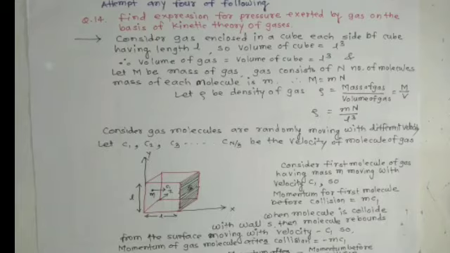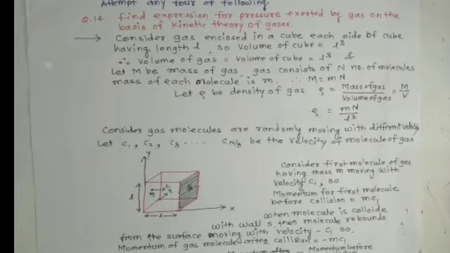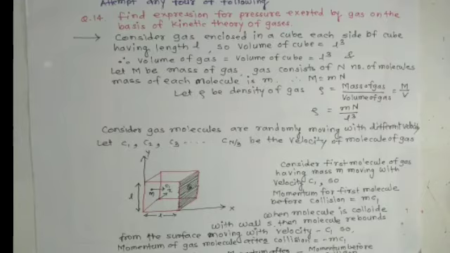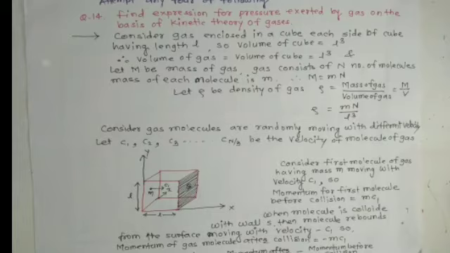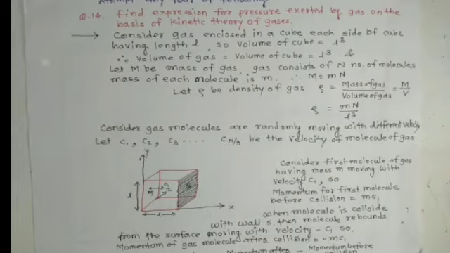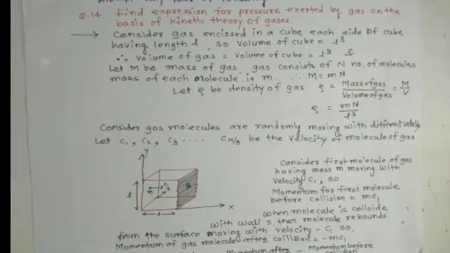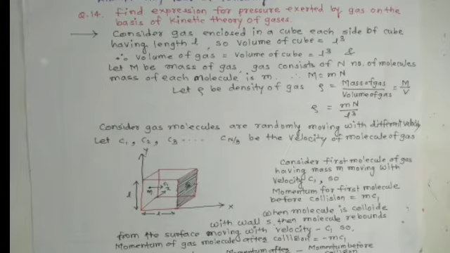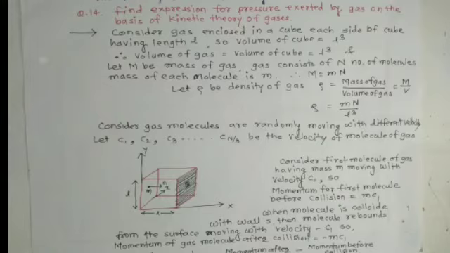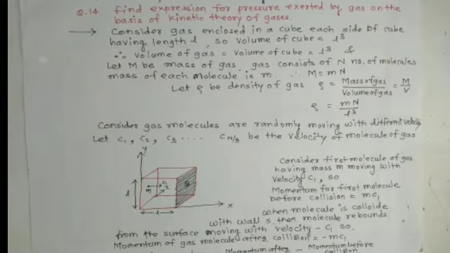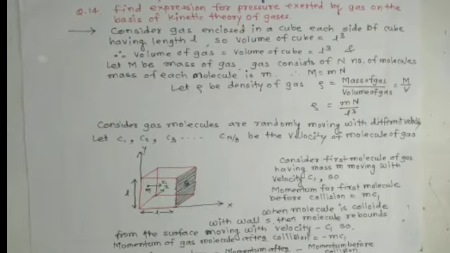So the answer is, first, consider a gas enclosed in a cube, each side of the cube having length L. So the volume of the cube is equal to L cube. Therefore the volume of gas is equal to the volume of the cube, which is L cube.